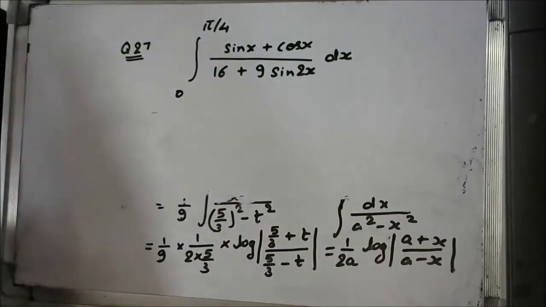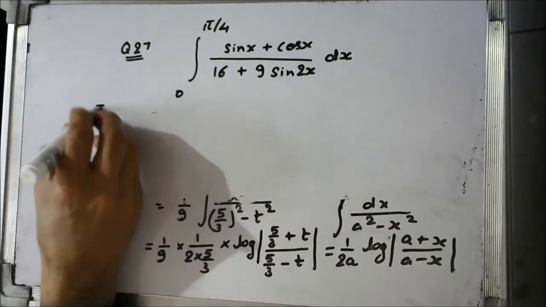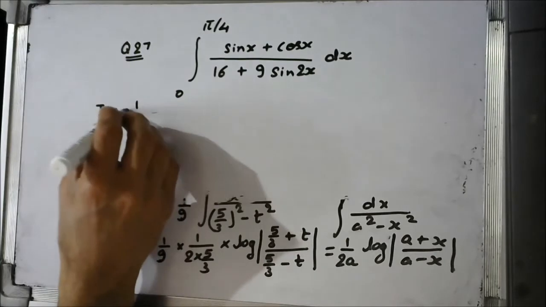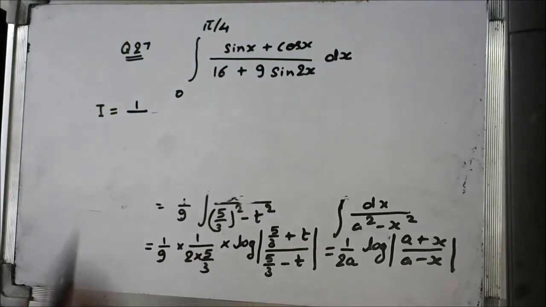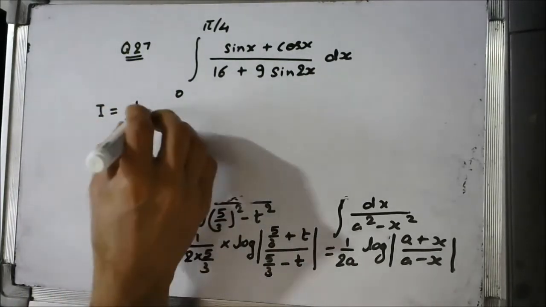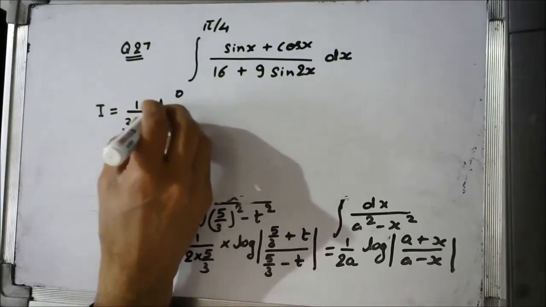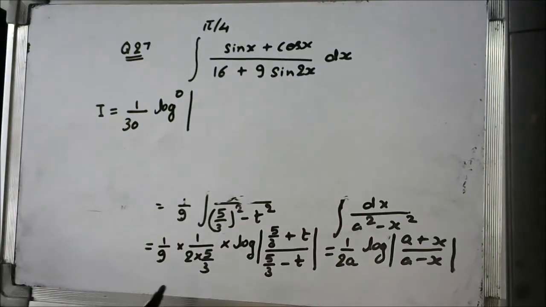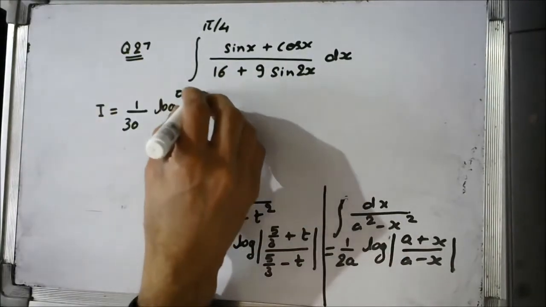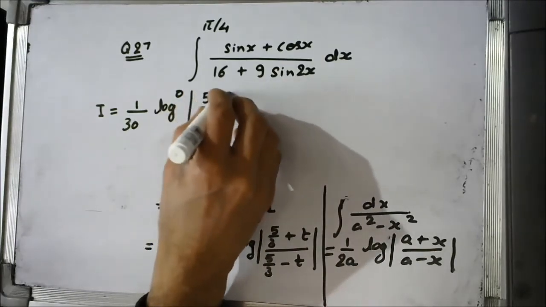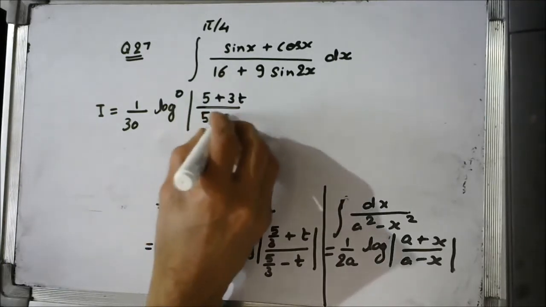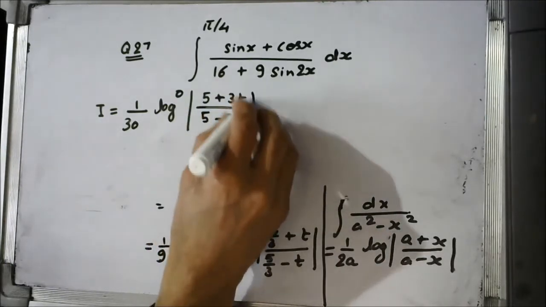So my final result becomes 1 upon 30 log of magnitude of 5 plus 3t upon 5 minus 3t.